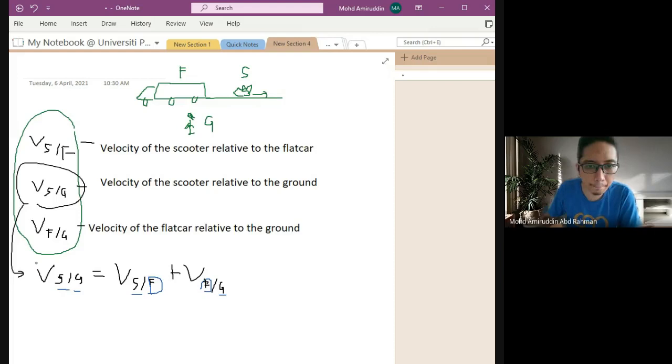So what we need to find is the velocity of the scooter relative to the flat car.